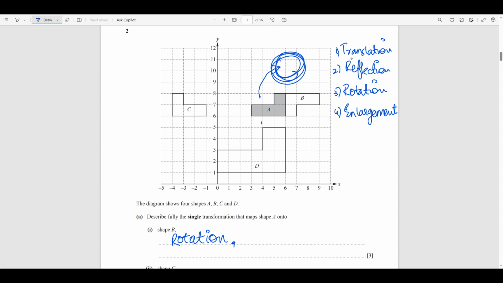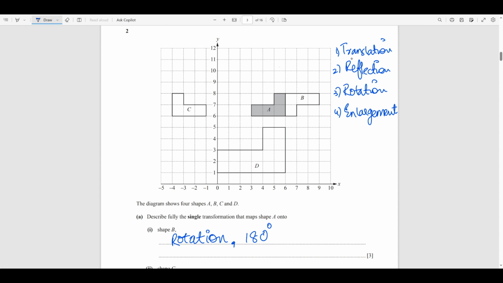If it was 90-degree anti-clockwise, the shape B would be somewhere here, but it's taken another turn, so I think it's a rotation of 180 degrees. Clockwise or anti-clockwise doesn't really matter, because 180 degrees is fine. If you still want to write clockwise or anti-clockwise, I think it's okay, but for 180 degrees it doesn't matter.